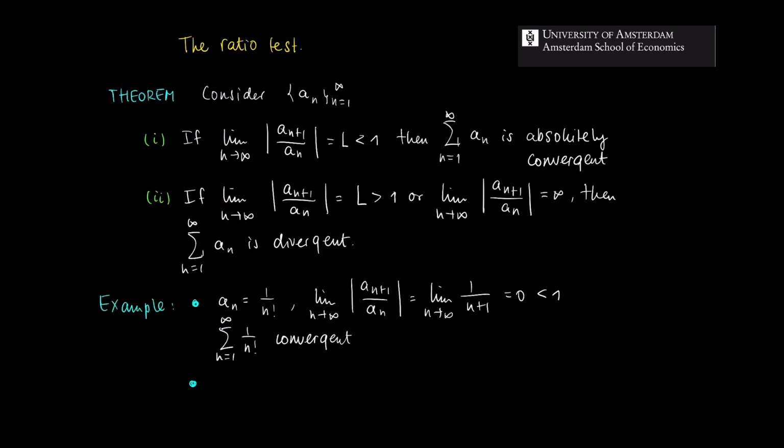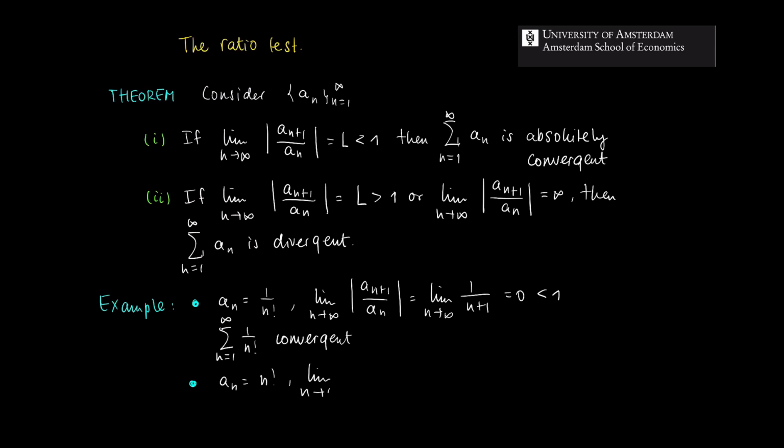Also, now let's look at the reciprocal of this sequence. So instead of 1 over n factorial, we look at n factorial. We already know that the series for this sequence cannot converge as the limit of a_n for n to infinity is infinite. So we already know that this one should diverge, but let's apply the ratio test here.